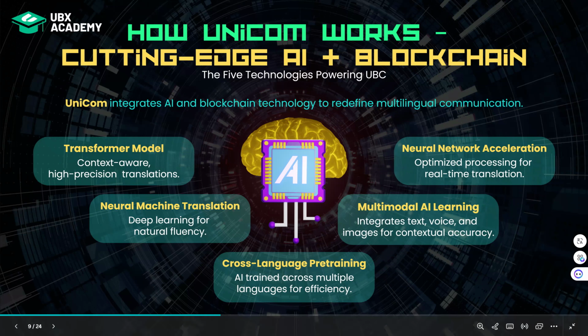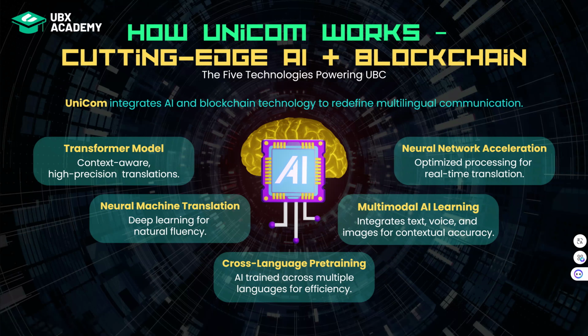Together with this AI technology, UBC is enabled to fit into this trend through decentralized communication services. Like other DePIN projects, it is able to leverage blockchain and tokenomics to incentivize participation, making it a key player in the growing DePIN ecosystem.